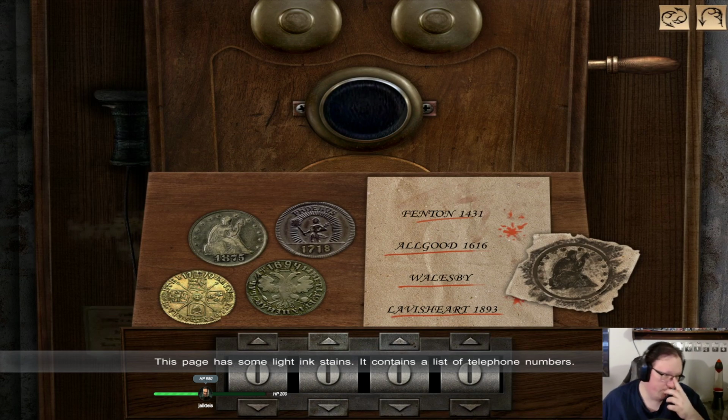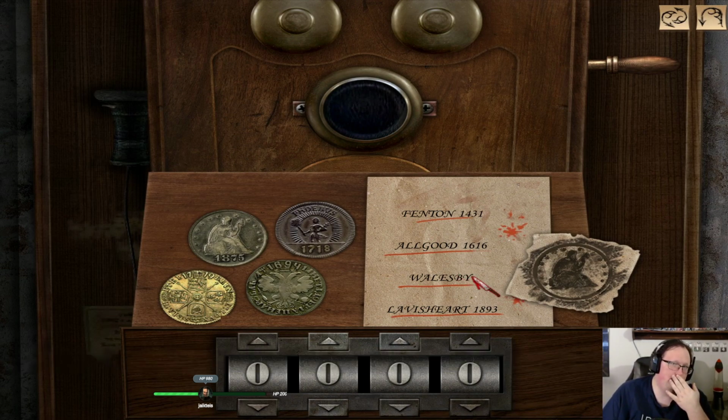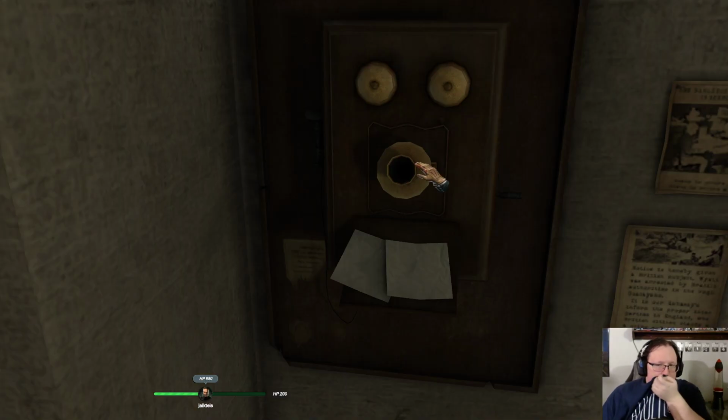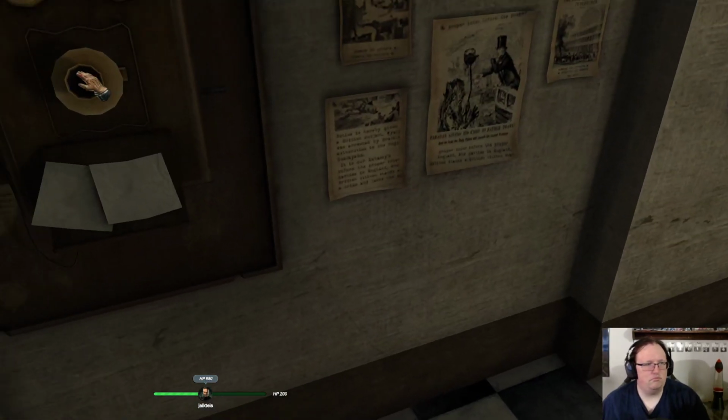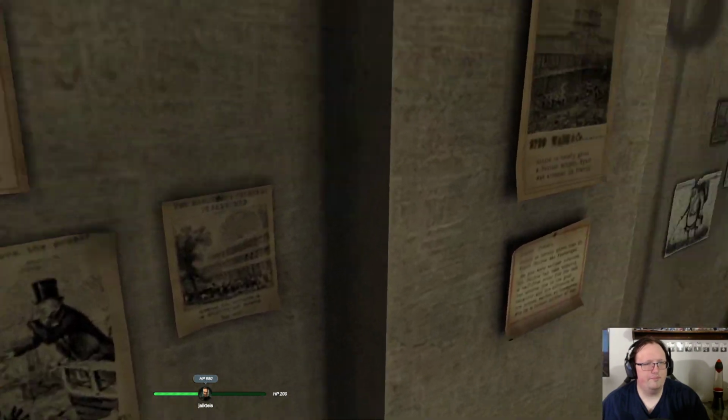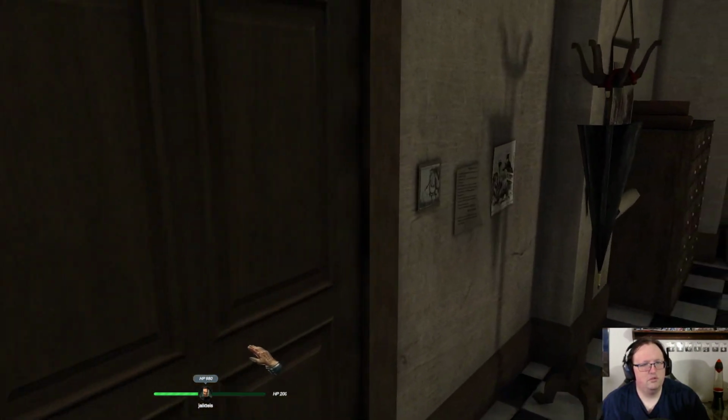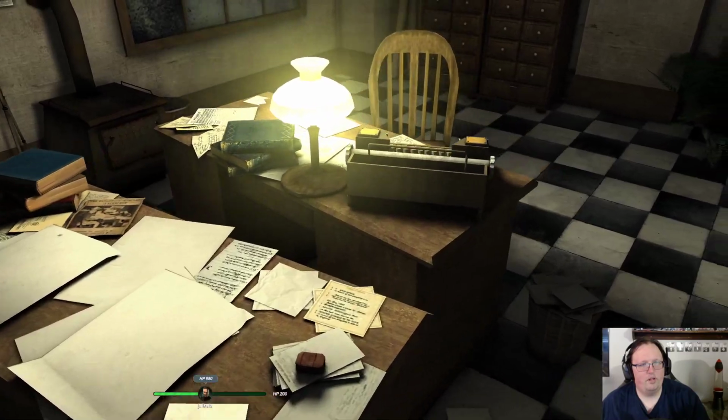It contains a list of telephone numbers. There's no number for Wallaby.